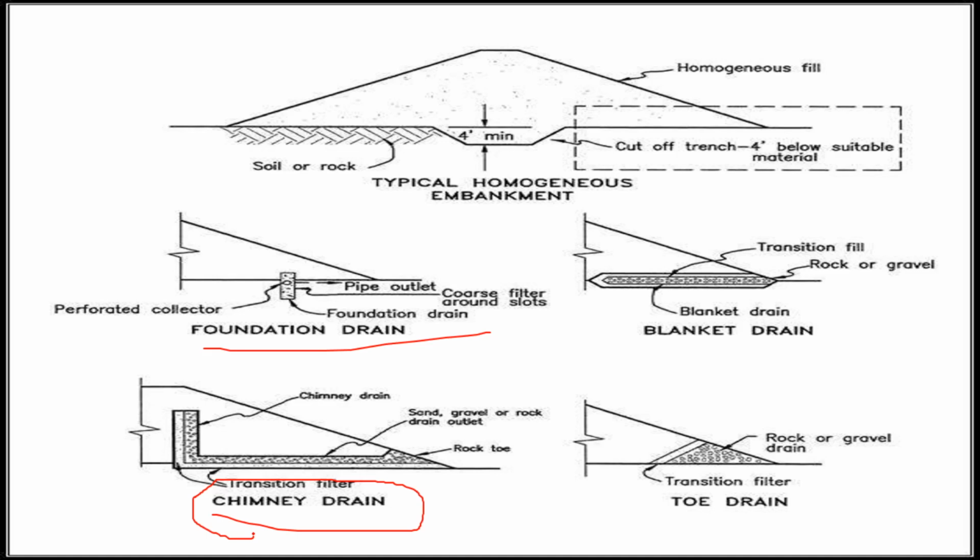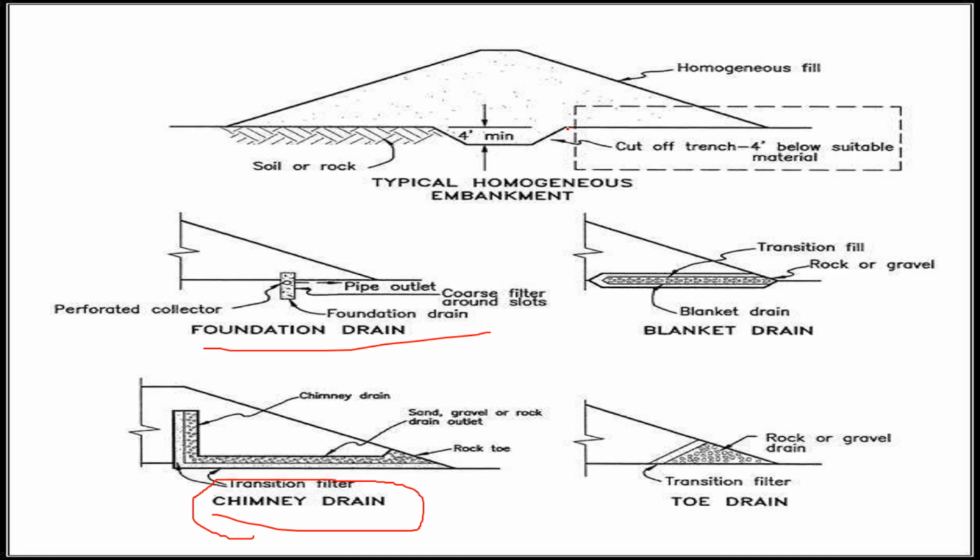Generally in our houses also we provide a chimney, especially in kitchens, so that the fog from our cooking goes outside through the chimney. Here, instead of that, water will pass through the chimney. Here we can provide a maximum of 4 feet of subgrade, and a cutoff trench we can say here.